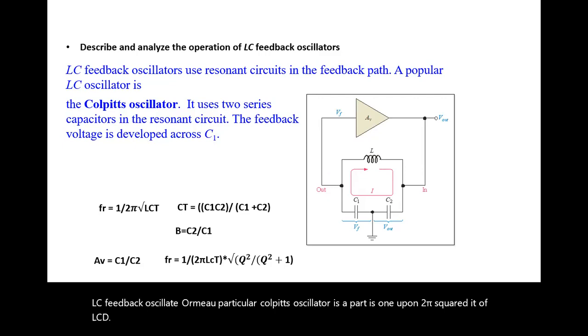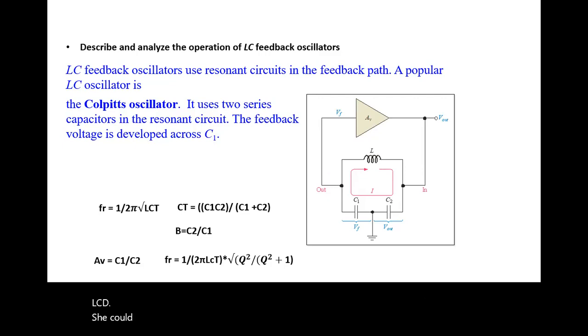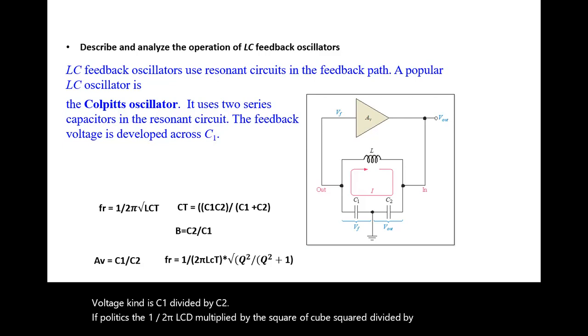CT is equal to C1 C2 divided by C1 plus C2. Your feedback factor B is equal to C2 divided by C1. Voltage gain is C1 divided by C2. And FR is equal to 1 divided by 2 pi L CT multiplied by the square root of Q squared divided by Q squared plus 1.